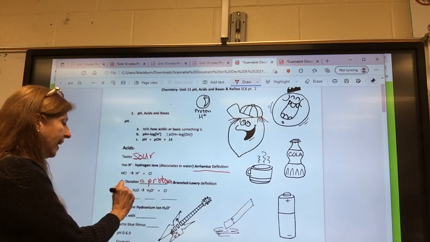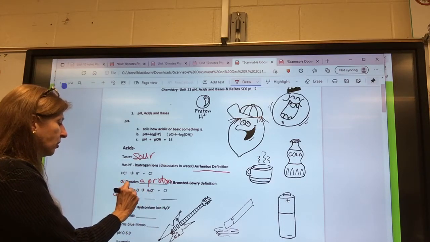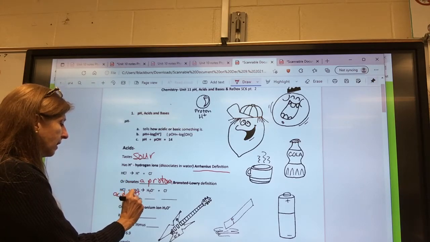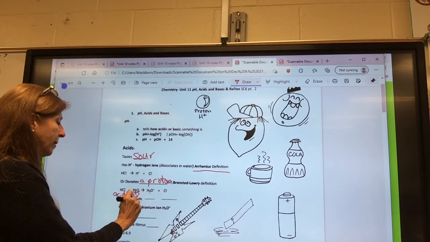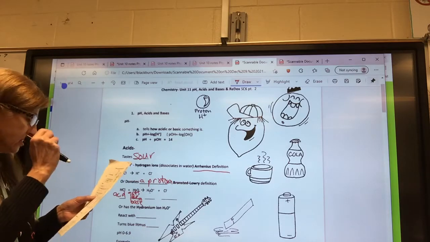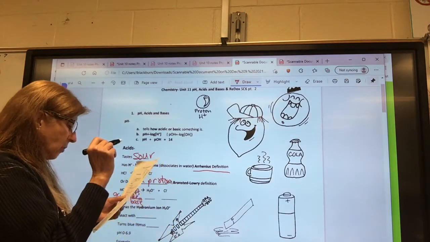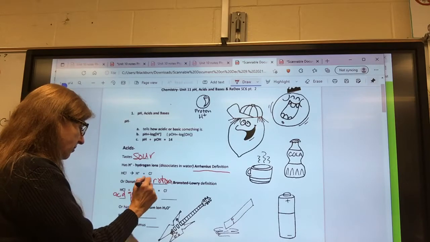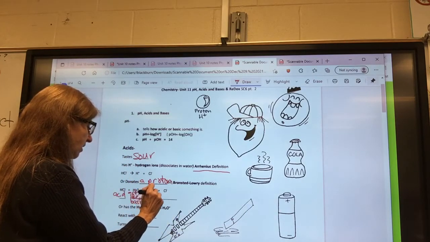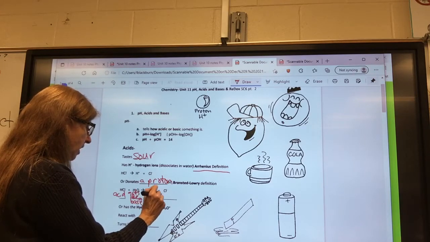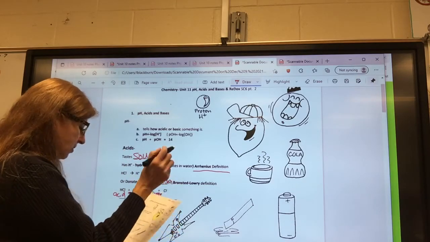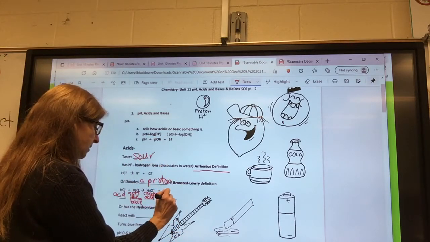Even though water is neutral, it acts like a base. It's not a base, but it acts like one because it accepted the proton. This one that accepted the proton is called the conjugate acid, and the chloride is the conjugate base.